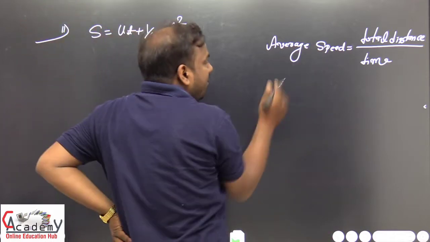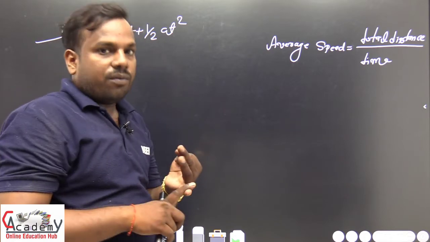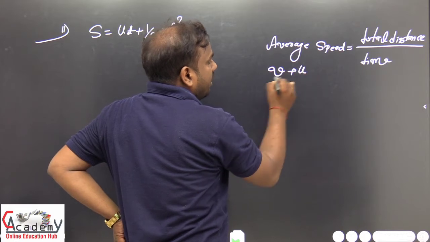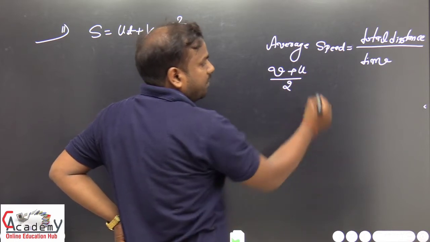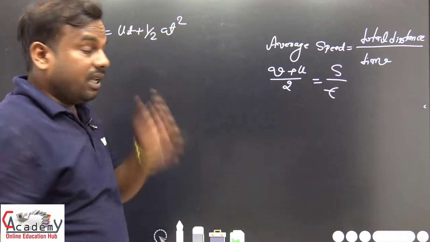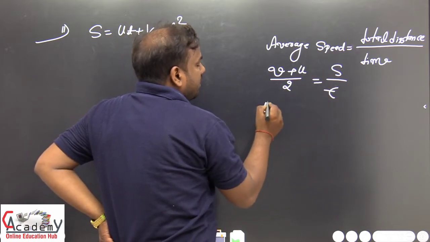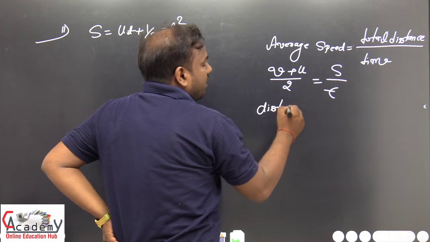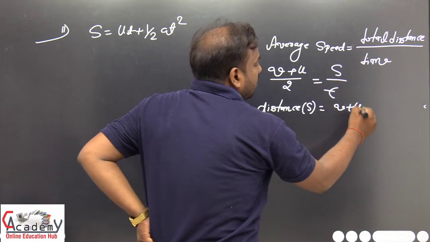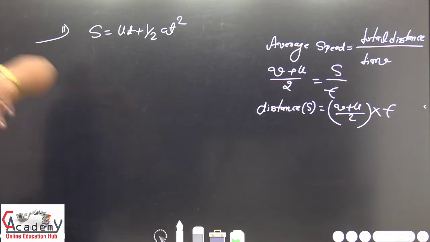Here we have two types of velocity: final velocity V plus initial velocity U divided by 2, that is the average, and here time is t. Then how do we find the distance? Distance means S equal to (v plus u) by 2 into t. That is the distance.